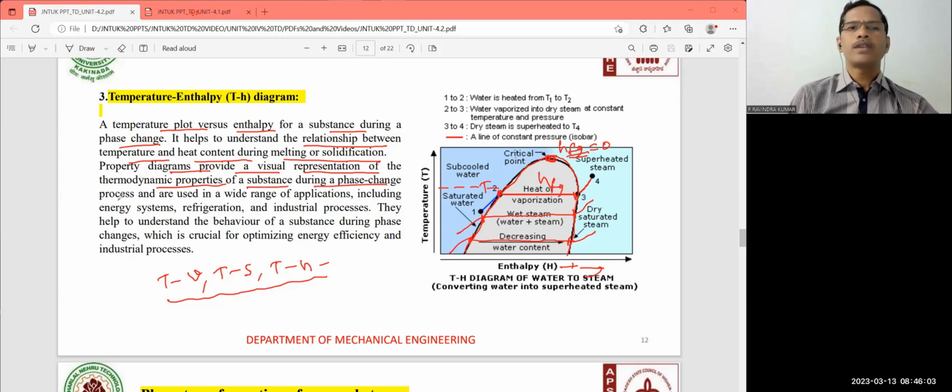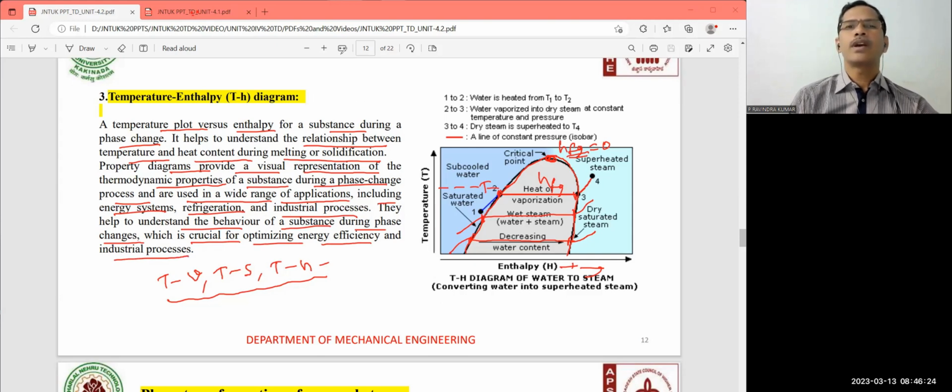It is a visual representation of the thermodynamic properties of a substance during the phase change process, and is used in a wide range of applications, including energy systems, refrigeration, and industrial purposes. They help to understand the behavior of the substance during phase changes, which is crucial for optimizing energy systems and industrial processes.